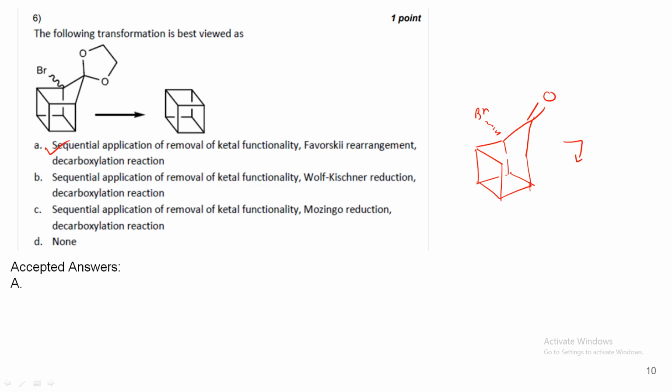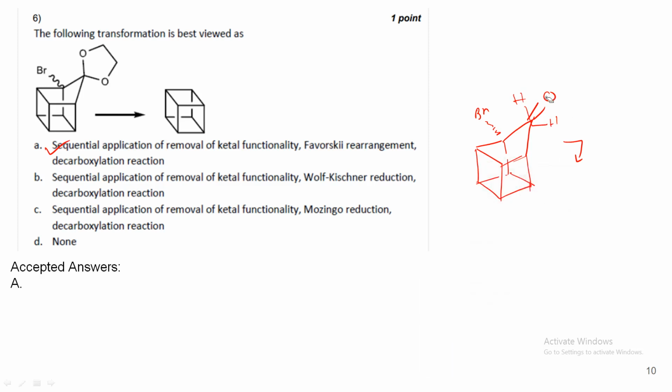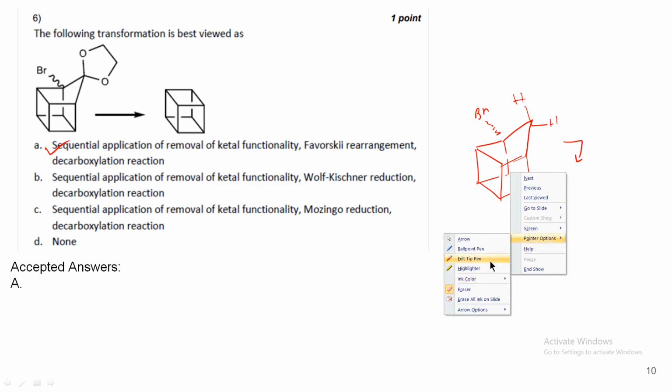So if we do the Wolff-Kishner reduction here, it just reduces the keto and introduces two hydrogen atoms like this.